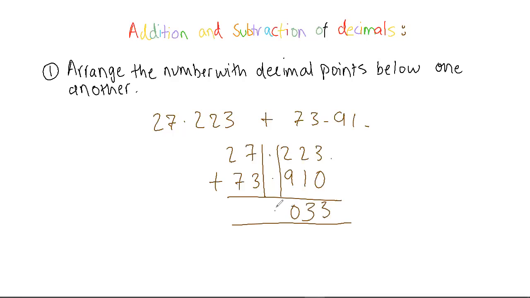We have the decimal, and then we carry over the number, and any number of numbers can get carried over above numbers. Please bear that in mind. It can also be 2, but in this case it is 1. So 7 plus 1 is 8, 8 plus 3 is 11. Now 2 plus 7 is 9, and plus 1, 10. So the answer is 101.033.